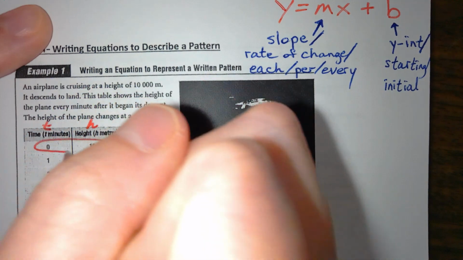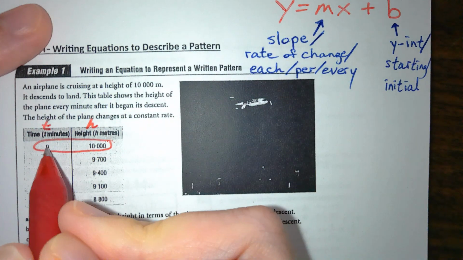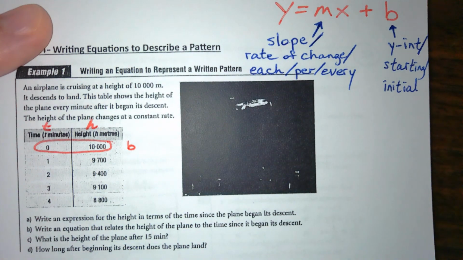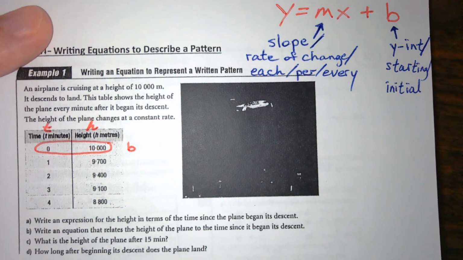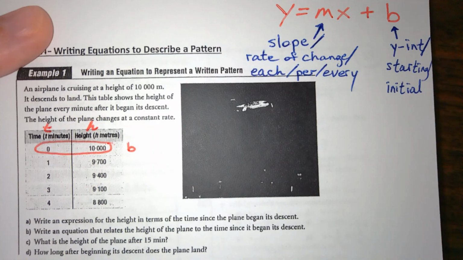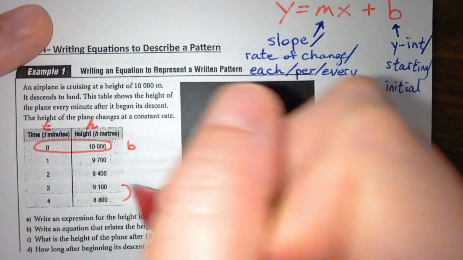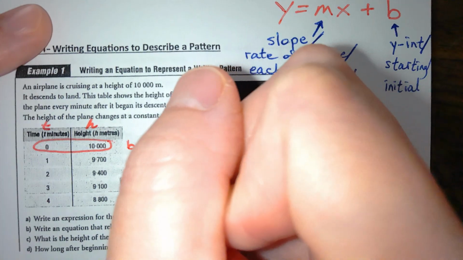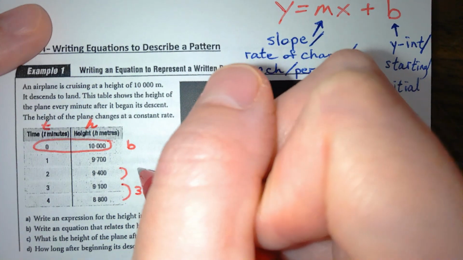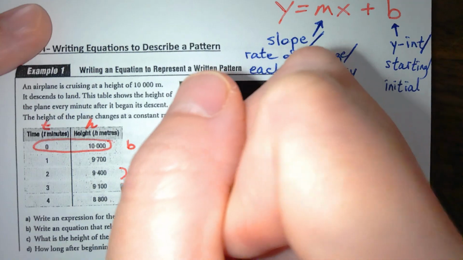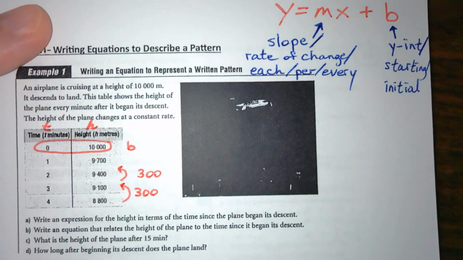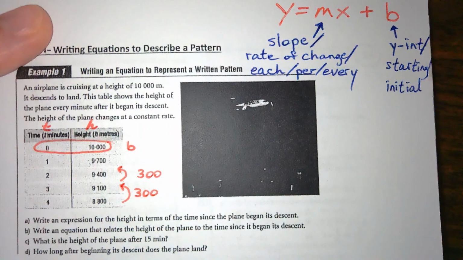This first row is at 0 and 10,000. That's your b value. What is my rate of change here then? 300. If you take a look in between these, t's value is 300. But notice there's a but. Is it 300?